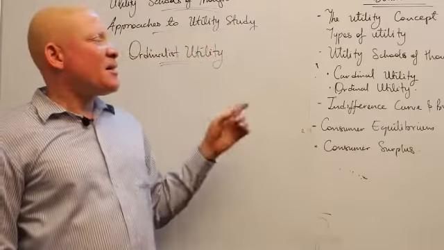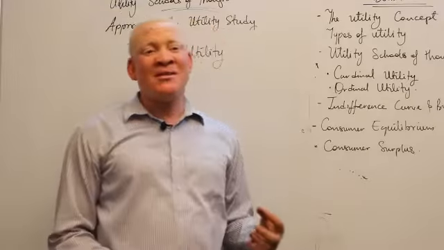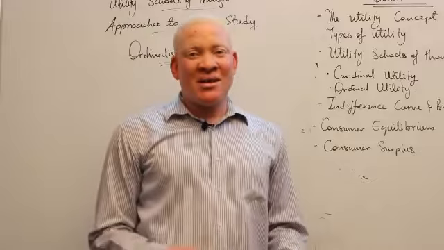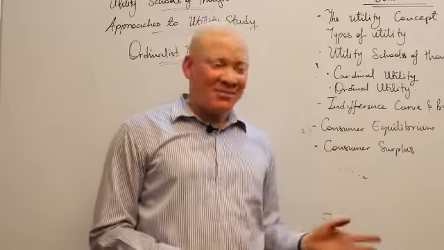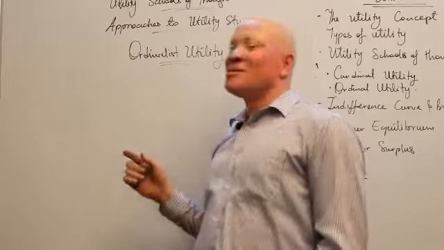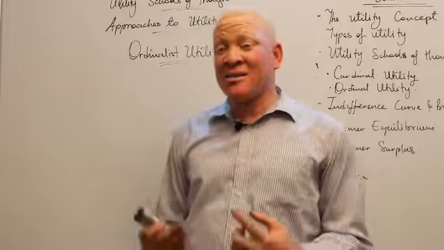The main thing about cardinal utility is that it is a school of thought that says utility is measurable by assigning units called utils. But the ordinalist says that it is not possible for you to measure the level of satisfaction.